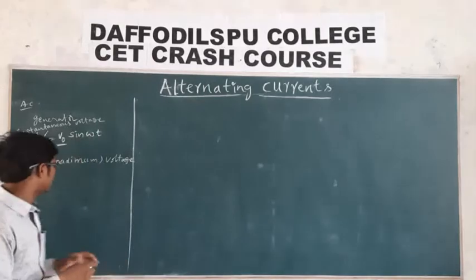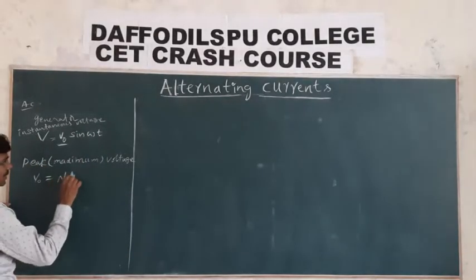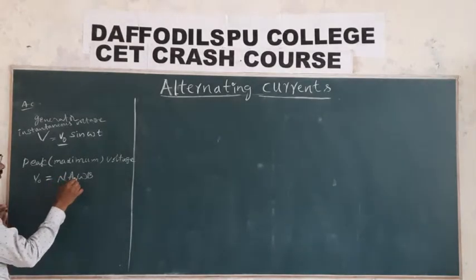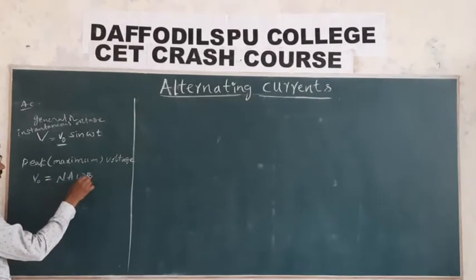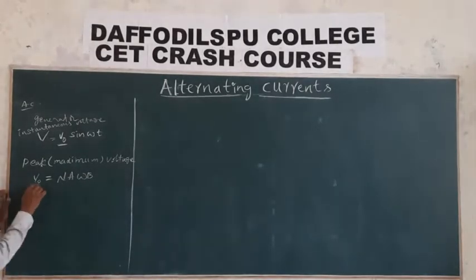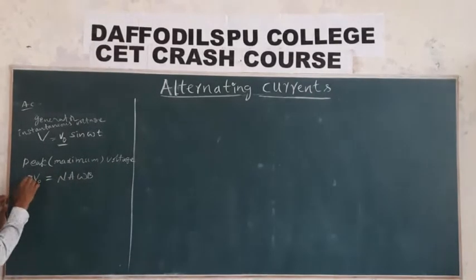That we know, N A omega B: number of turns, area of the armature, angular speed and magnetic field. So V naught is nothing but maximum voltage, and the corresponding maximum current is I naught.